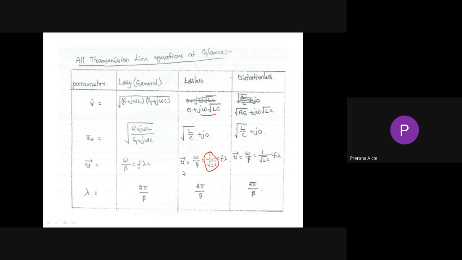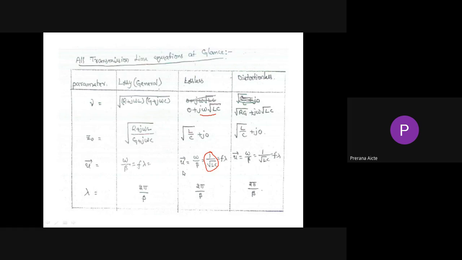From that, we define the propagation constant gamma equals the square root of (R plus j omega L) into (G plus j omega C). It can be expressed as a real part and an imaginary part, alpha plus j beta, where alpha is the attenuation constant and beta is the phase constant.